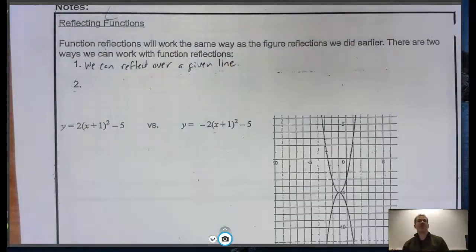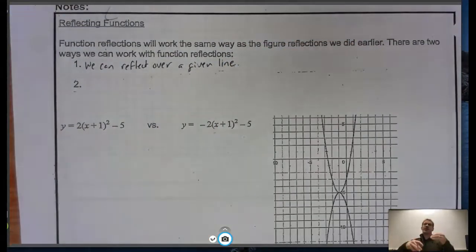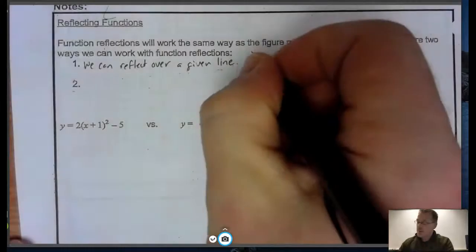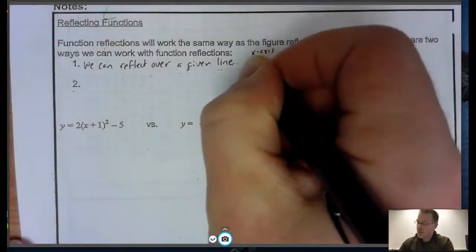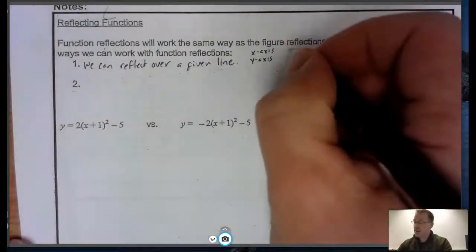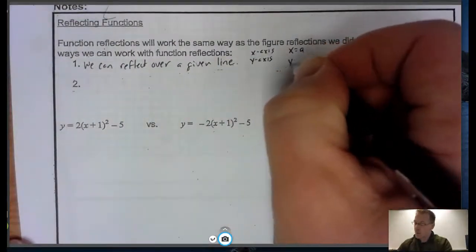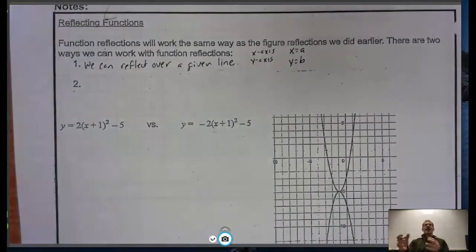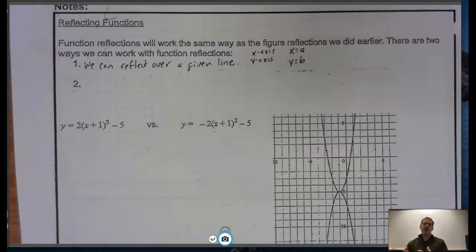Just like what we've done before, right? So you say reflect over the x-axis. We can reflect over the y-axis. Or we can reflect over any particular vertical line or horizontal line. So we can give you the line and we can ask you to reflect over that given line just like what we did before when we were reflecting our polygons, or our segments, those things like that.